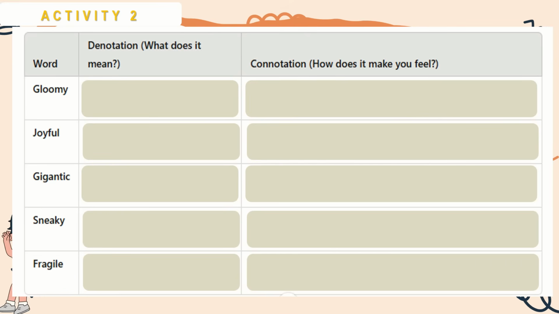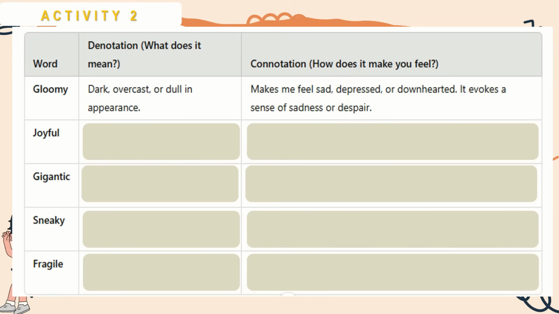Denotation, what does it mean? For connotation, how does it make you feel? For gloomy, dark, overcast, or dull in appearance. Connotation, makes me feel sad, depressed, or downhearted. It evokes a sense of sadness or despair.